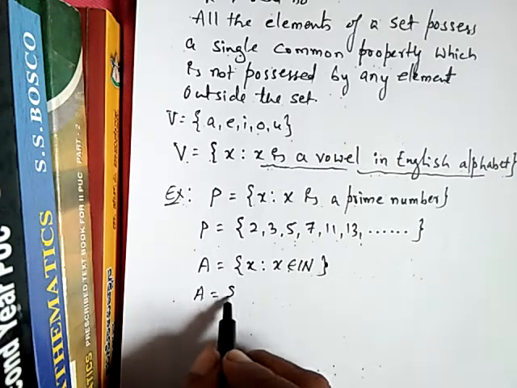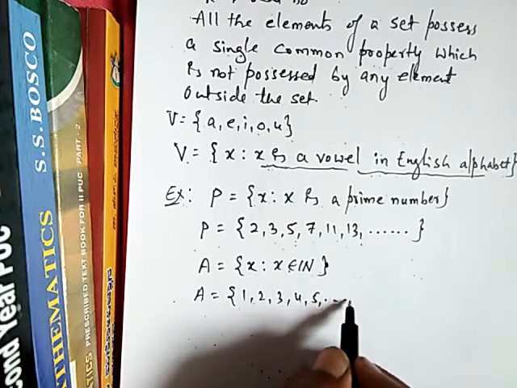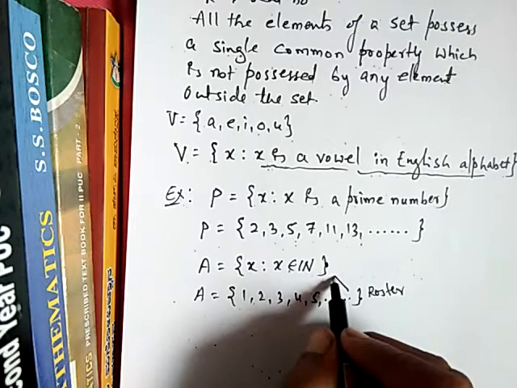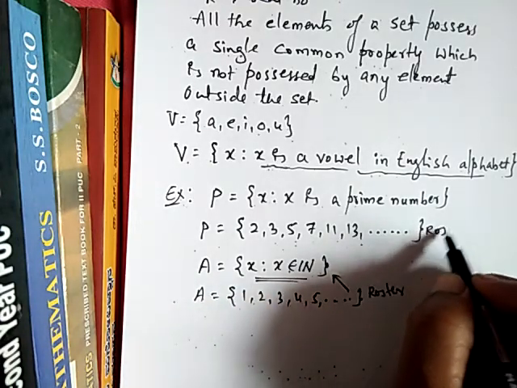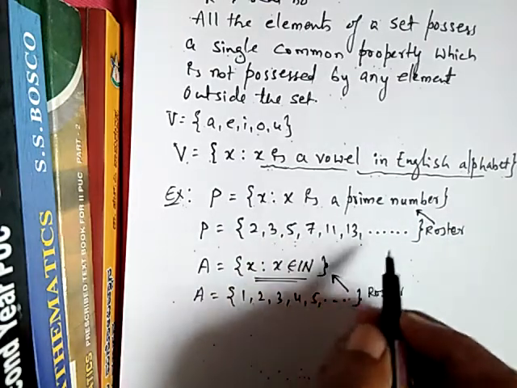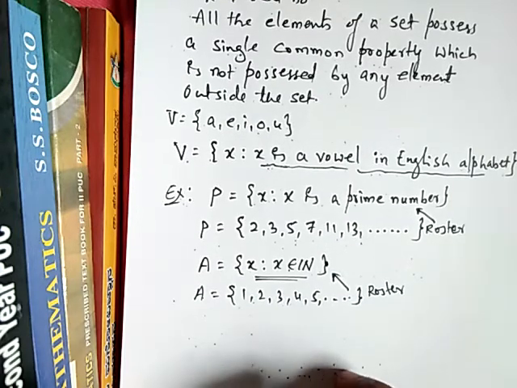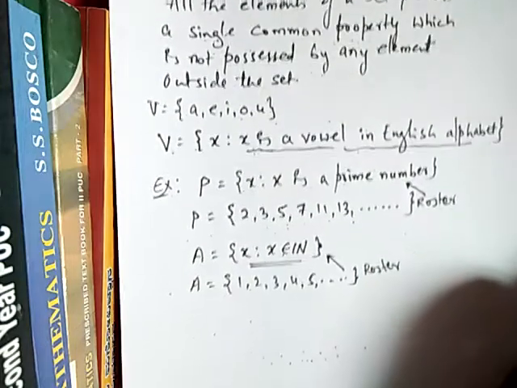Suppose A is equal to natural numbers 1, 2, 3, 4, 5, and so on. It is very difficult. So from roster form to set builder form, instead of writing all the elements separated by commas, you can write very easily by the set builder method, or property method, or rule method.